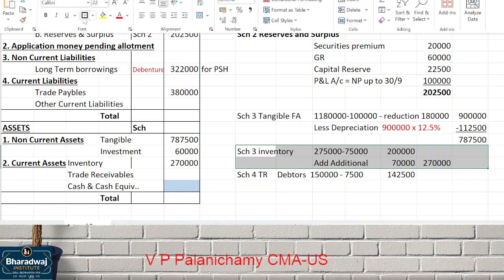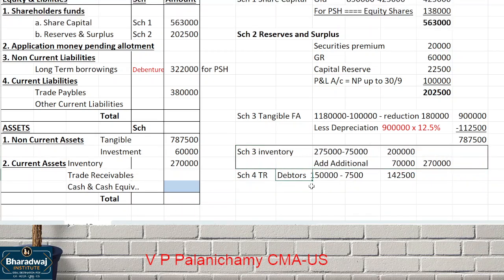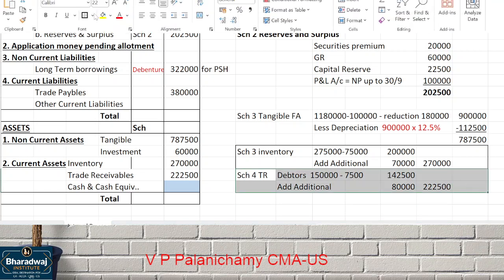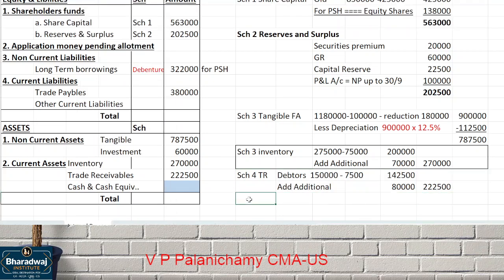Add additional, that is the increase in debtors, how much? 80,000. It gives us 2,22,500. What is the next one?